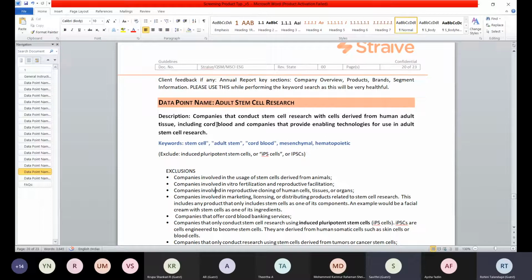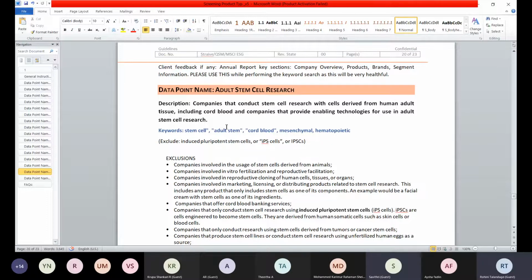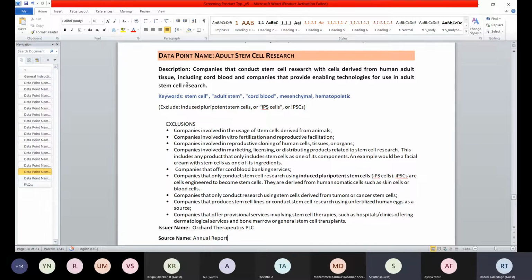In this case, we can mark it as yes. For this we have some keywords: stem cell, adult stem, cord blood, or hematopoietic. Then in such cases, if they are doing any research with the cells, then we can mark it as yes. For this also we have some exclusions.